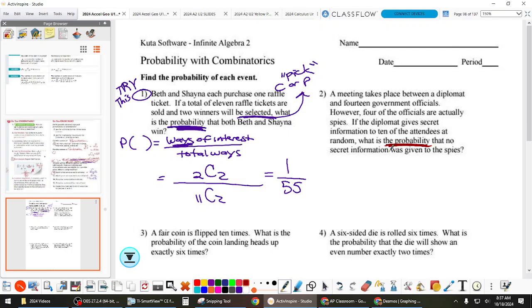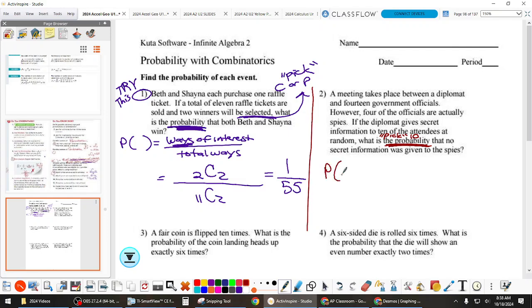And then it says that no secret information was given to the spies. If the diplomat gives secret information to 10, that's like pick 10, right? If we read between the lines, pick 10. So this is combinatorics, and I know it says that right here, but start really developing how you know that it is without being told.